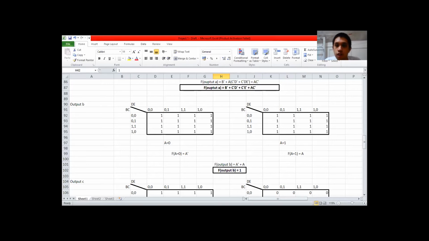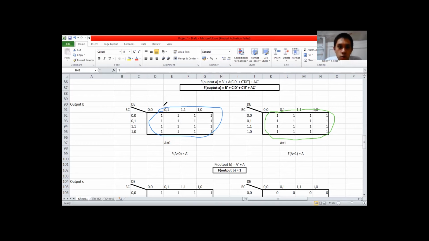So for the logic function for output B, the grouping will just, for A is equal to 0, be the entire K-map, as well as if A is equal to 1, the grouping will become this one, the entire K-map.